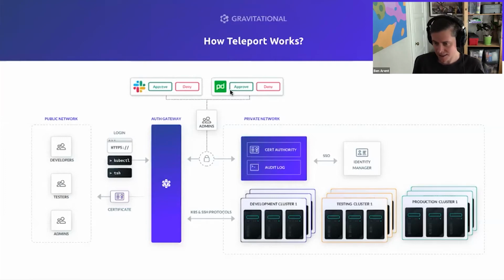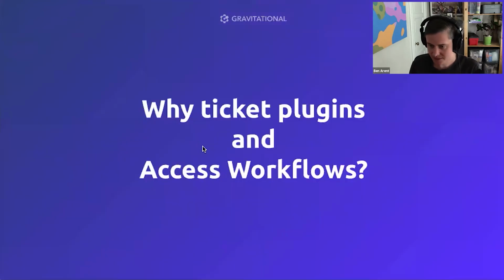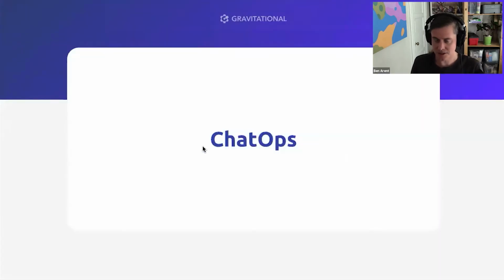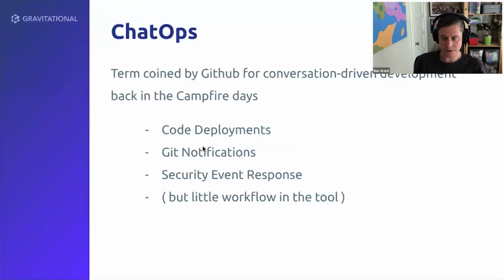And so one thing not in this diagram, which we'll touch on in another slide, is rollbacks and rules of how you can approve or deny role escalation. So why ticketing plugins and access workflows? To step back a little bit, ChatOps was a term coined by GitHub, back in the Campfire days.